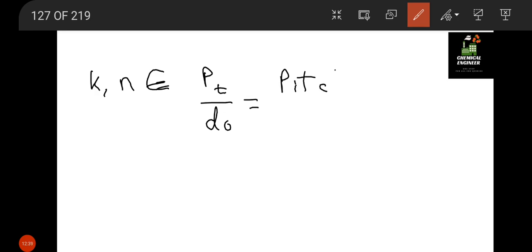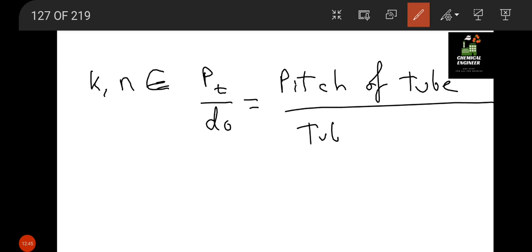Now K and n are both constants. If in your exam or theoretical work these values are not given, you can calculate them from Pt by d naught. This value relates to the pitch of the tube: pitch of tube divided by tube outer diameter.